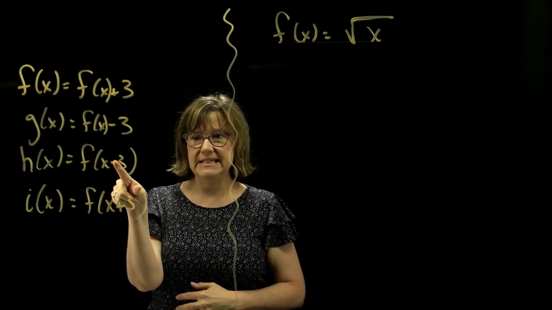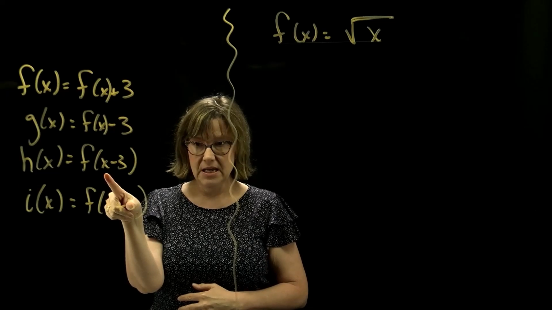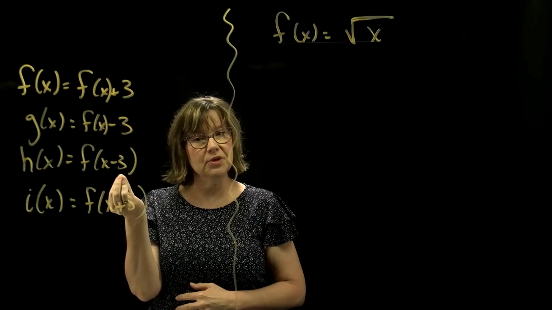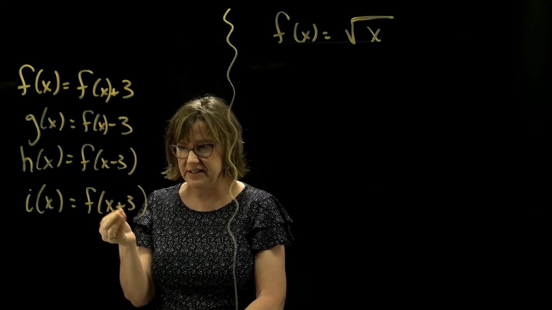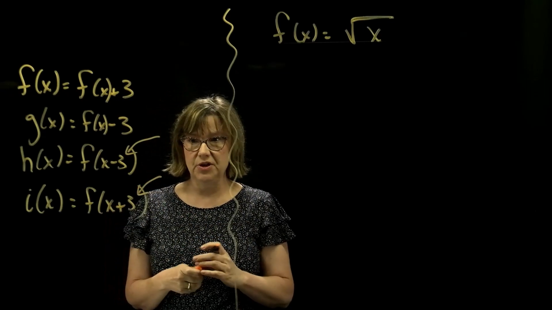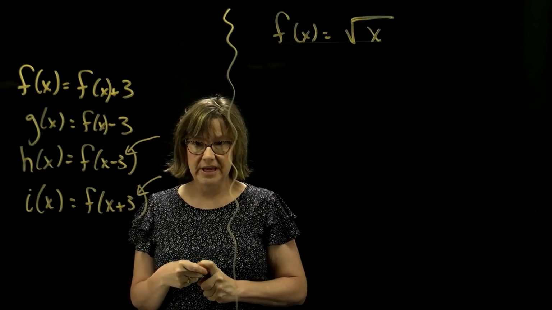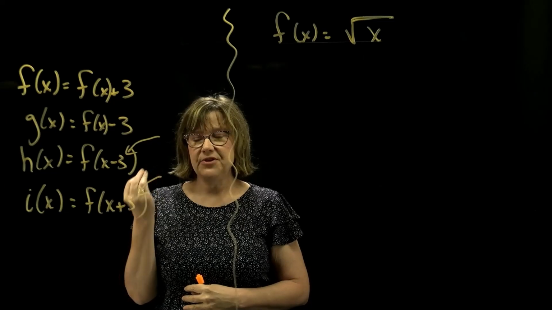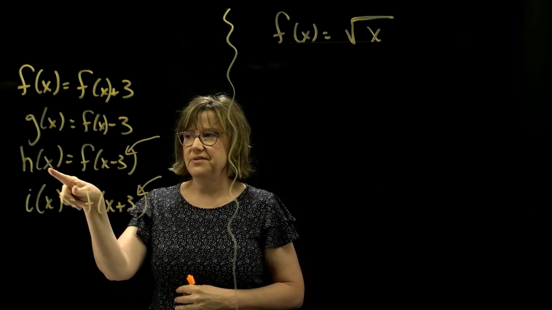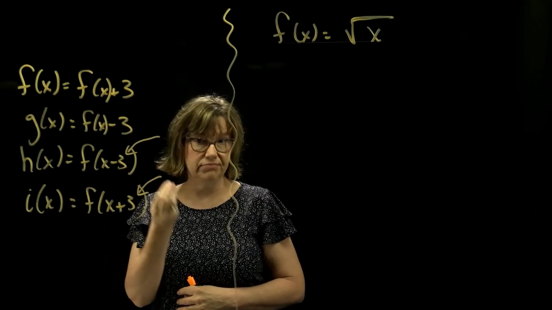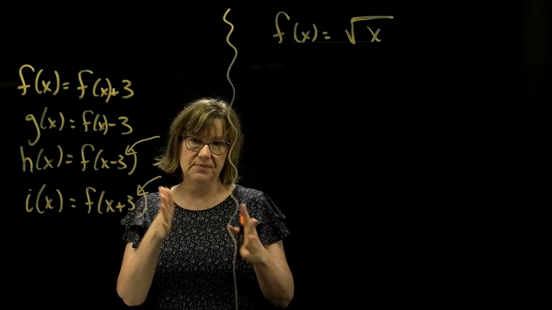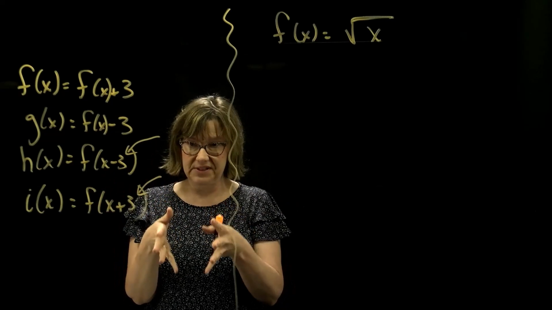Here, it's impacting the input, and it's kind of backwards of what you would think. It's whatever causes 0. So whatever causes 0 in here is really what your transformation is. Because if I want this to be a function of 0, starting out at 0, X would have to be a positive 3 to be at the input of 0.